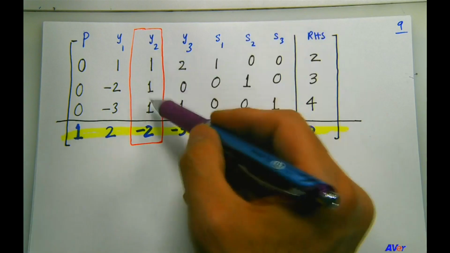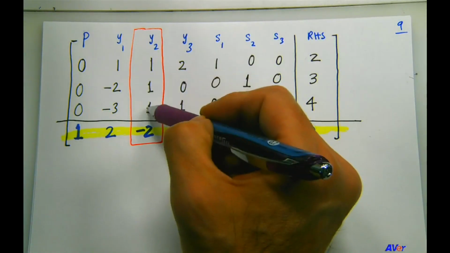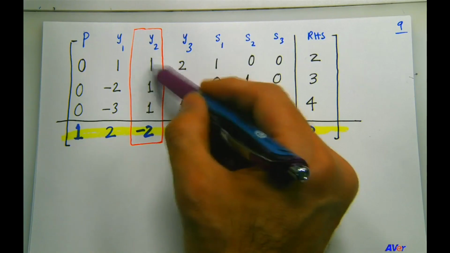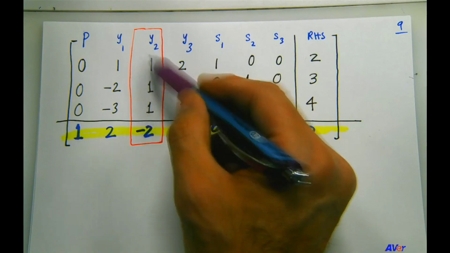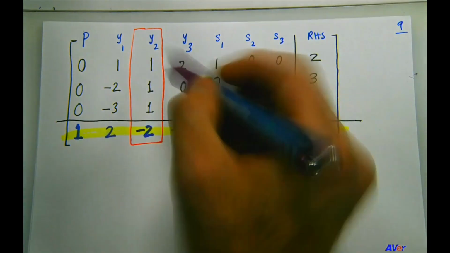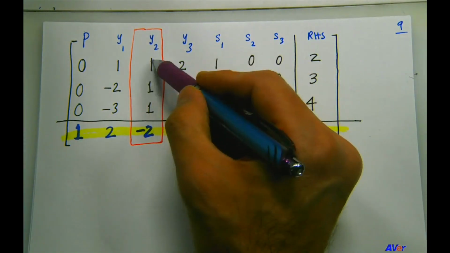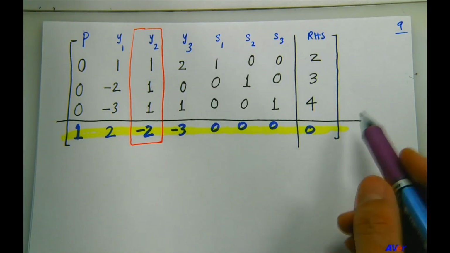If you only have one positive number, then the only positive number in the pivot column is going to be the pivot element. Automatically it becomes the pivot element. But in this case, we have more than one positive number, which means we're going to have to calculate the smallest ratio, right?